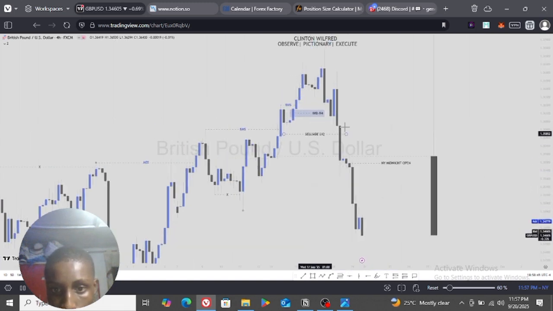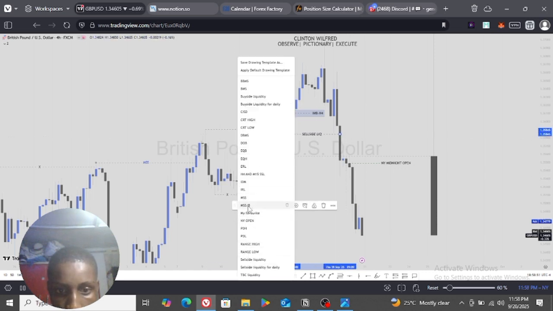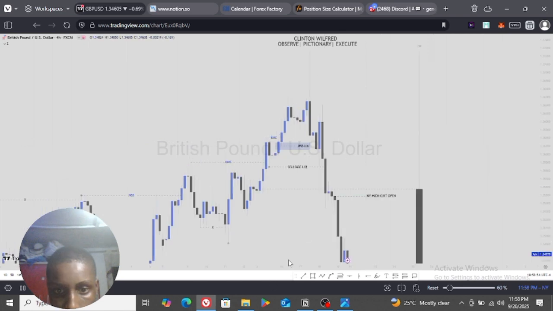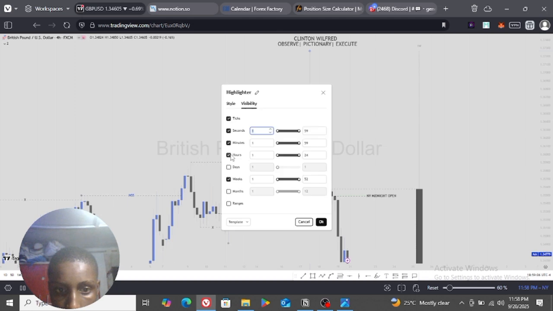So we've shifted structure at this point already. Now we have a market structure break to the downside. We have protected lows, we just came out. We have this high there.